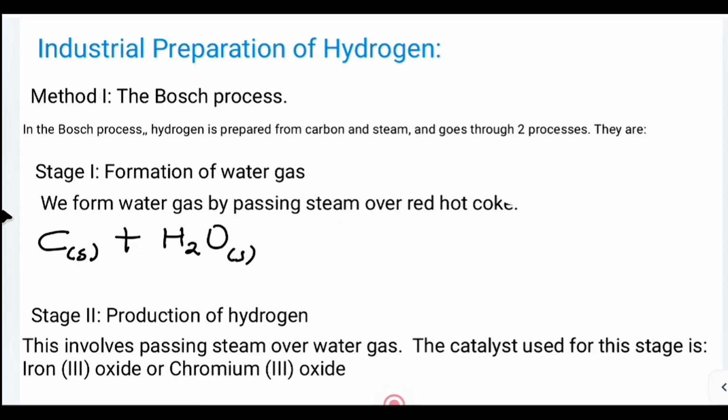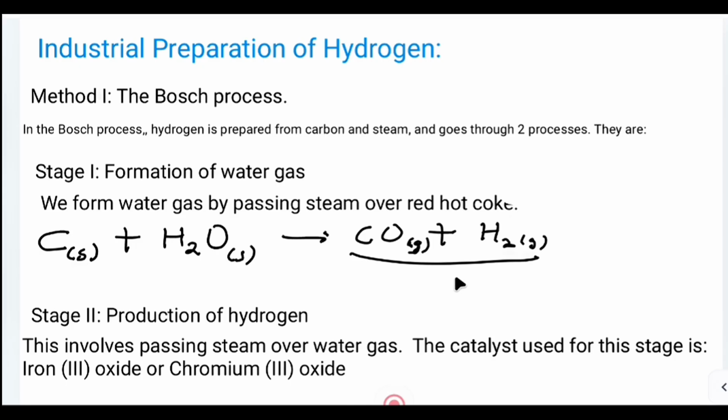Then I'm going to have a mixture of two gases, carbon 2 oxide and hydrogen. So it is this combination of carbon 2 oxide and hydrogen together that we call water gas.